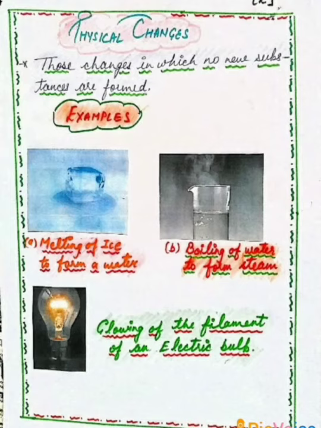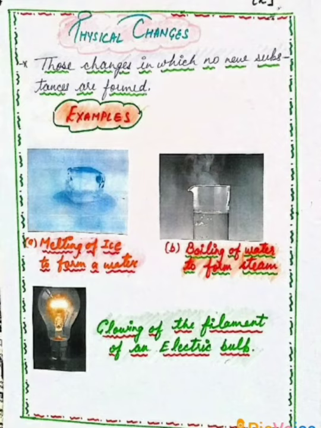Let us start with the physical changes. Those changes in which no new substances are formed are called physical changes. In a physical change, the substances involved do not change their identity.